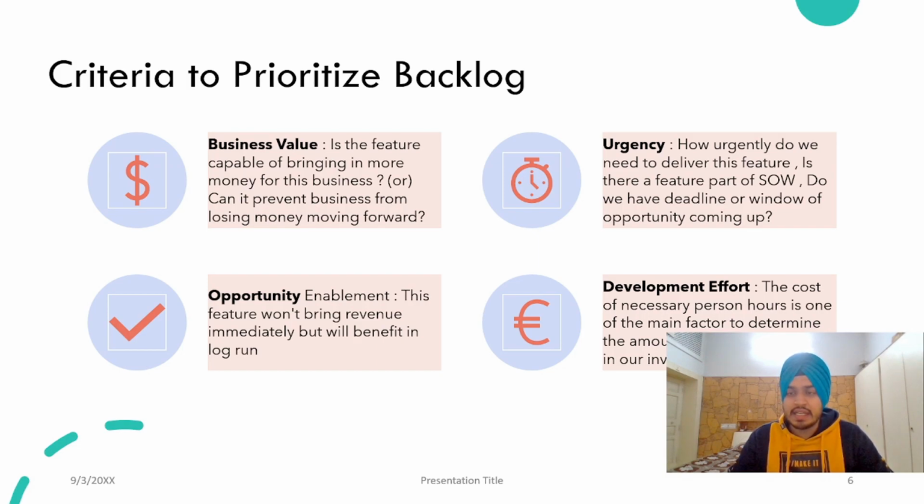Second is urgency. How urgently do we need to deliver this feature? Third is opportunity enablement. There are features which won't bring revenue immediately, but will definitely benefit in the long run.